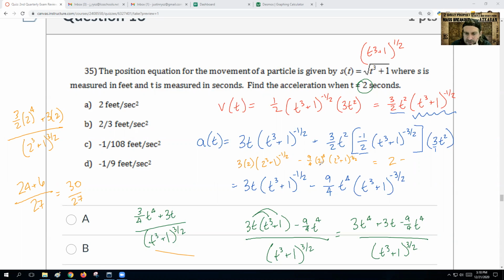And then minus, let's see. What is 9 to the negative 1.5 power? That is 1/27. Times 9 divided by 4 times 2 to the 4th power, that'd be 4/3.